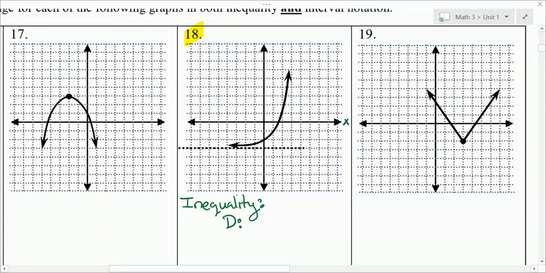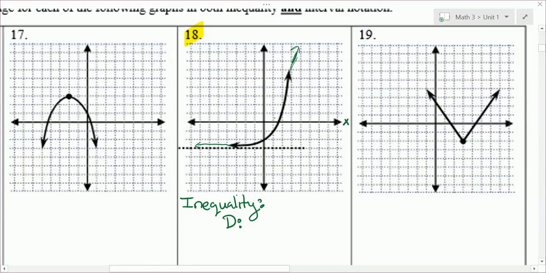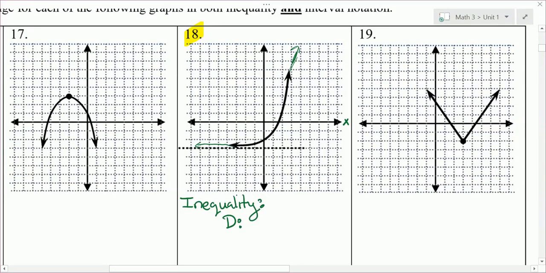So we're going to look at this function and ask, if we were to make those arrows continue, how far left would it go? It's going to go as far left as we want, and to the right as far right as we want. So it's going to cover everything. There really is not an inequality to write here, so for inequality notation, I'm just going to write all real numbers.